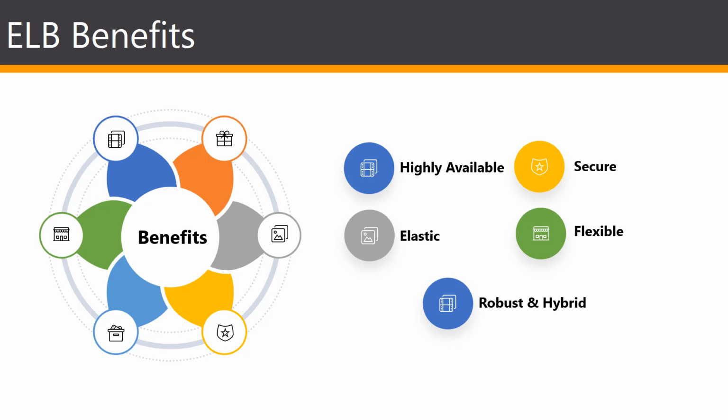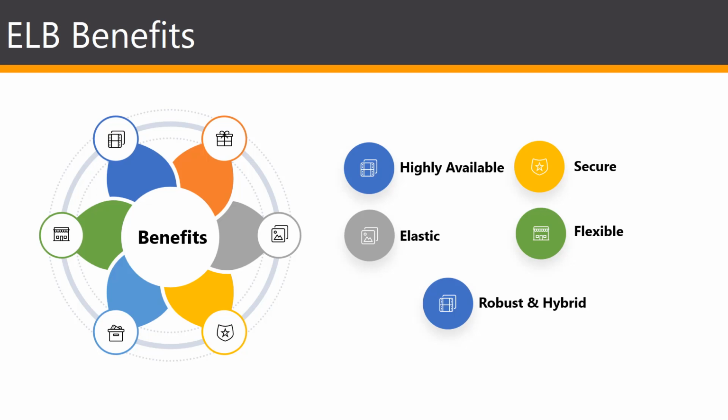Now, what you see are some of the benefits that ELB brings. First and foremost, it's highly available because it automatically distributes incoming traffic across multiple targets. It can also load balance across a region, routing traffic to healthy targets in different availability zones.